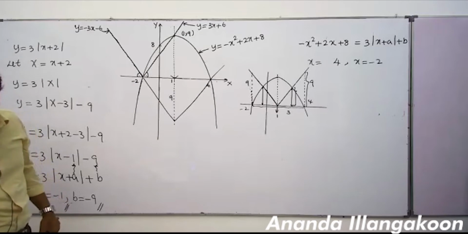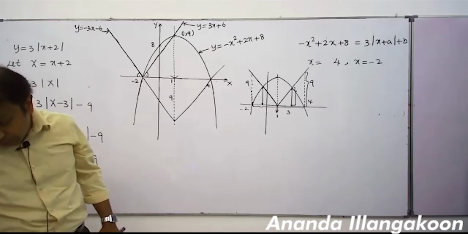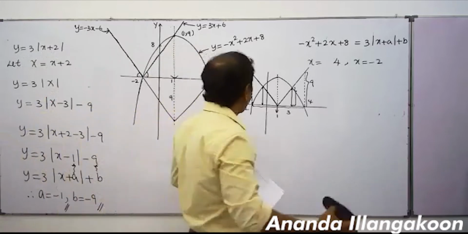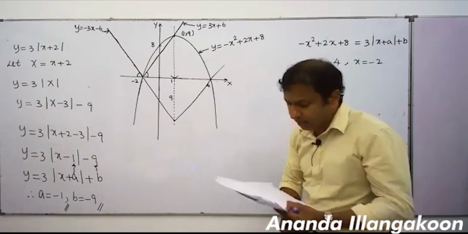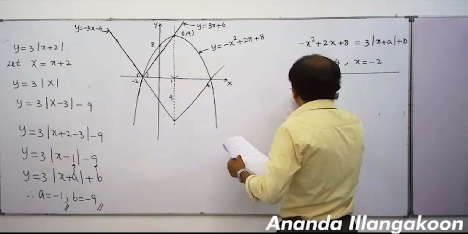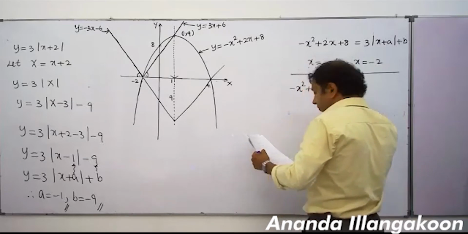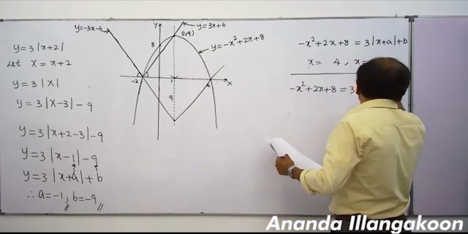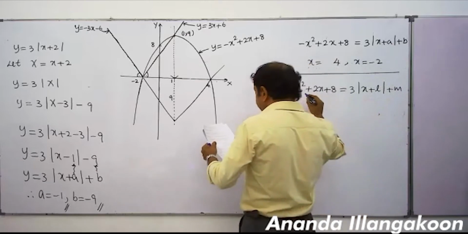Right, people? Secondly, ask another one more. What is that? Find L and M so that the equation -x squared plus 2x plus 8 is equal to 3 times mod x plus L plus M to have the coincident root at x equals 1.